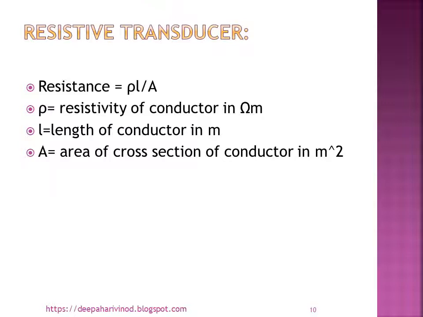Change in value of the resistive element can be brought about by subjecting the element to an external stimulus, so that either the dimension of the element or its resistivity varies. In this way, resistance changes.